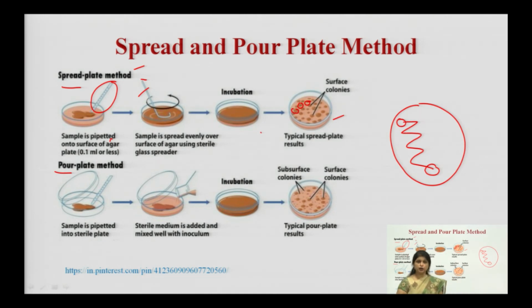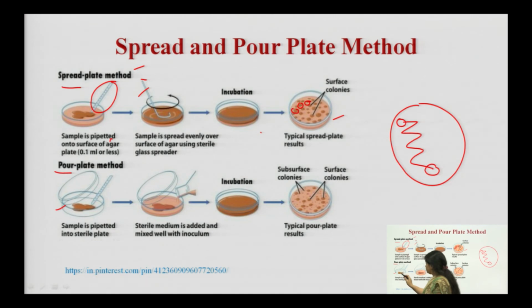what we are going to do is take a sterile Petri plate. First we take a sterile Petri plate, and that Petri plate will contain nothing, it must be sterile, with no media within the Petri plate. We will first add a drop of mixed culture within the Petri plate which contains no media.